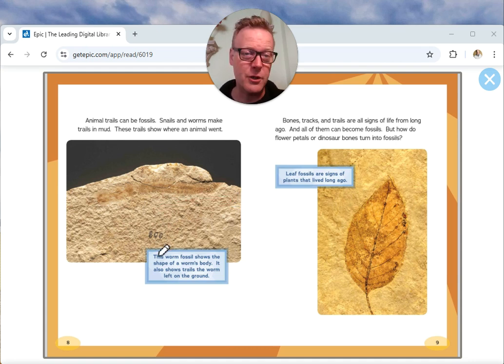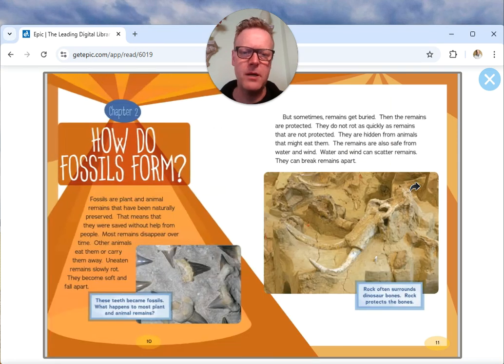That would be a track too. Anything that leaves behind a trail, right? And then you've got the word trail. A trail is just a little line made by whatever animal it is. Okay, let's go to the next page here and check out how these fossils are made.